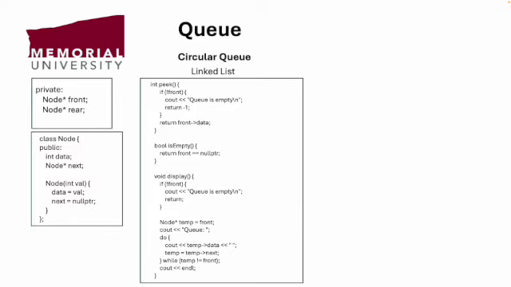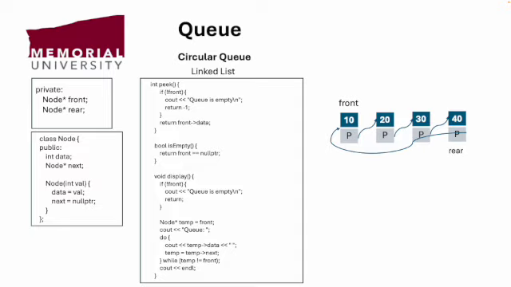Okay. So on the peek function, isEmpty, or display function, it is pretty straightforward for a linked list. For the peek function, we just return the front data. That's it. For isEmpty, check whether the front equals none or not, right? If it's a null pointer or not. To display, we just loop over.